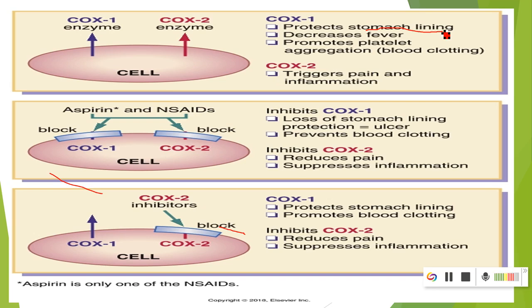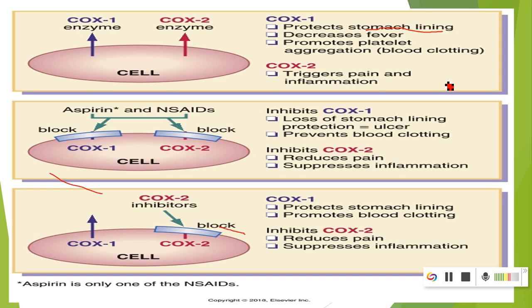Okay, what does that mean? That means it protects the gastric mucosa, it supports the renal function, and it also promotes the platelet aggregation. Okay, COX-2, as we talked about, is basically present in the brain. It mediates the fever, and that's how it contributes to the perception of pain. Okay, it's also found in the kidney, where it supports the renal function. Okay, so these are the functions of COX.